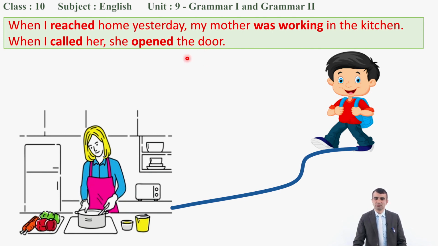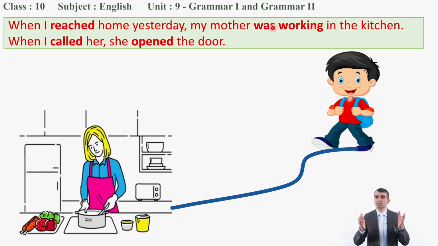What event took place? The boy reached home. And what was happening at that time? What was the situation? Mother was working in the kitchen. In this sentence, you can see one event and one situation.